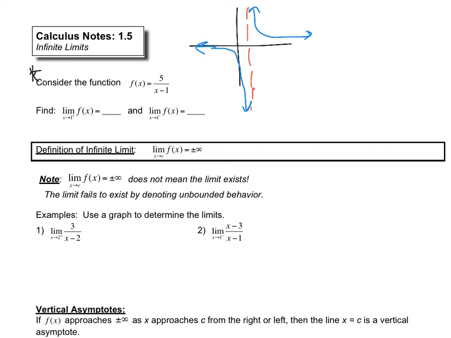When we look at these two limits down below, we're asked to find the limit as x approaches 1 from the right and as x approaches 1 from the left. When we think about x approaching 1 from the right, we can see that as x gets closer and closer to 1 from the right, this function will reach infinite values. It continues approaching greater and greater y values.